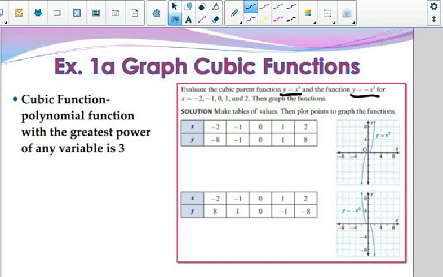Okay, when you have the y equals x cubed, your y's are all going to be negatives and then positive. When then x is a negative, it just flips. So now when your x's are negative, your y's are positive. And when your x's are positive, your y's are negative. And so you can see that the two graphs, they're flipped from one side to the other.